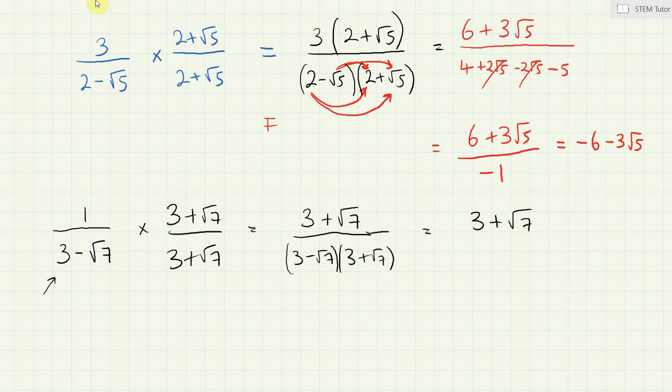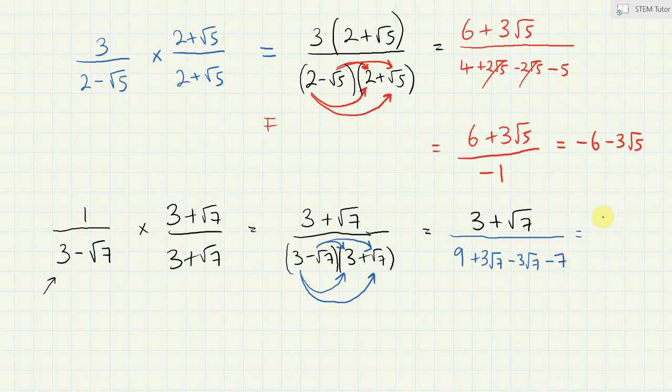I'm going to change colour for the denominator. So now we've got 3 times 3 is 9. 3 times plus root 7 is plus 3 root 7. Minus root 7 times 3 is minus 3 root 7, minus root 7 times plus root 7 is minus 7.